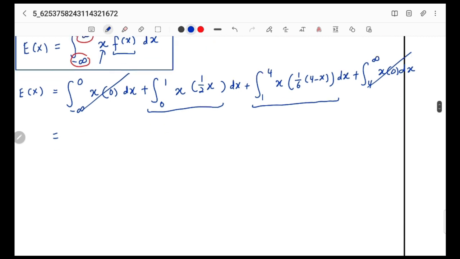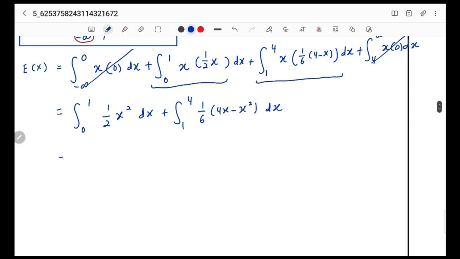Integrating the first one, but then we need to simplify it first. Half x squared, and then simplifying the second one, we're going to get 1 over 6 4x minus x squared, and then integrate.